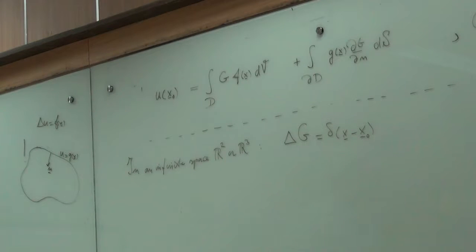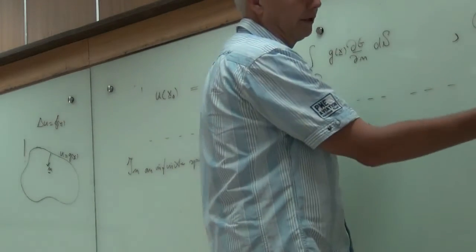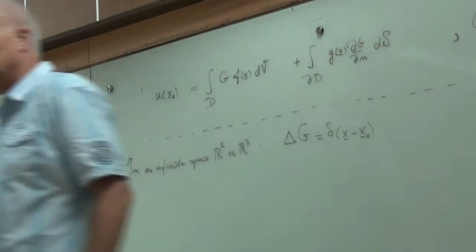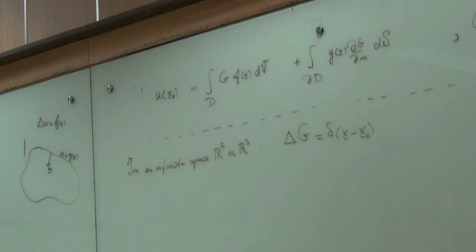If I look in different directions, is there some symmetry in your solution? Do you expect some symmetry in your solution? What do you expect?